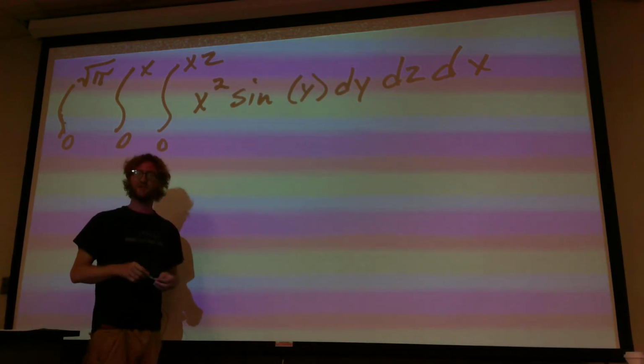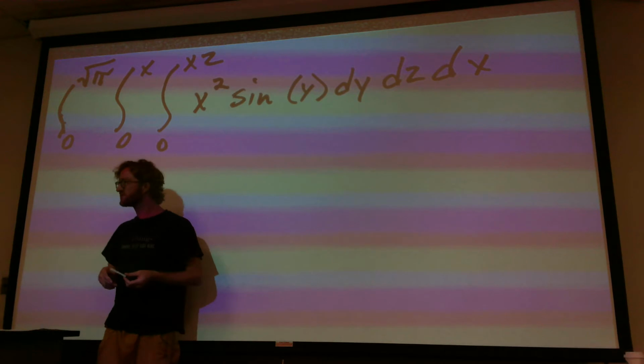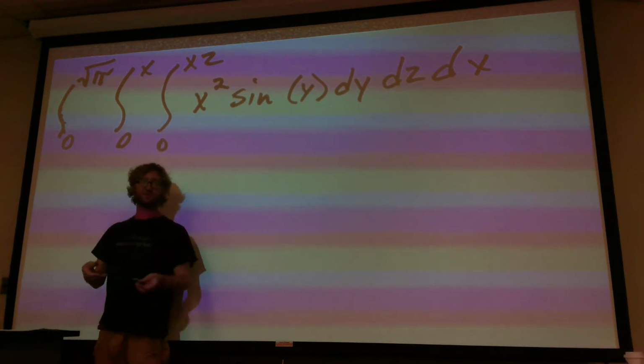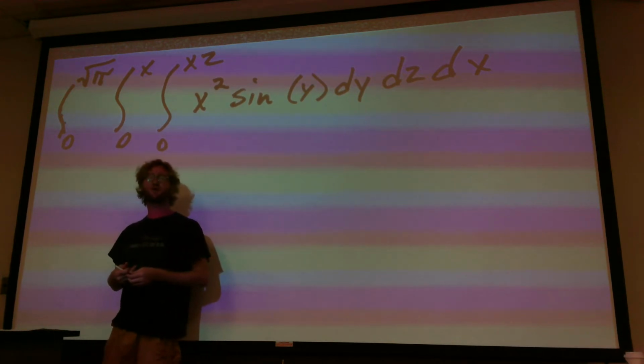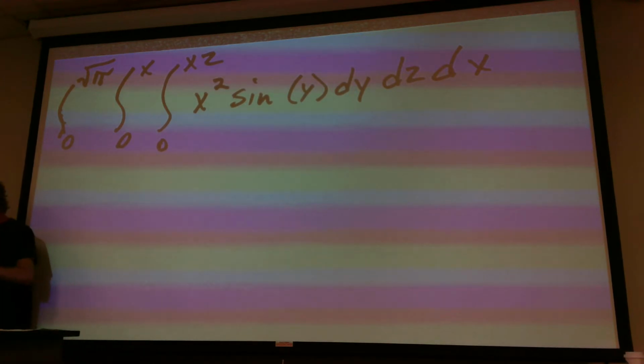So what is the integral of sine? Remember, the rules are kind of backwards from your derivatives. The integral of sine is negative cosine, because the derivative of cosine is negative sine. We have to let those cancel each other out.